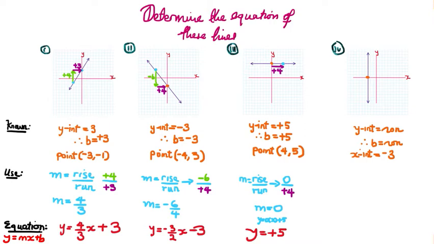But now we need to find another point. So we pick another point along that line. And in this case, the coordinate of that particular point is (-3, -4). We notice that the x doesn't change, but the y changes. So therefore, in this case, if m is equal to rise divided by run, the rise is actually going to be a number.